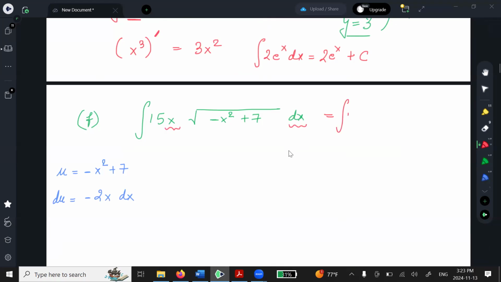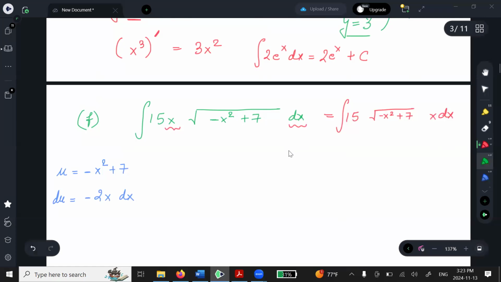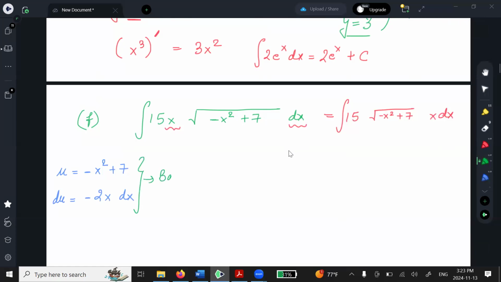So look what I get. 15 times the square root of negative x squared plus 7, and I'm moving the x dx together. So far good. I just rearranged my integral, and I have my u and I have my du, which has a negative 2 extra. How do I balance it? Next step is balance the integral, right?